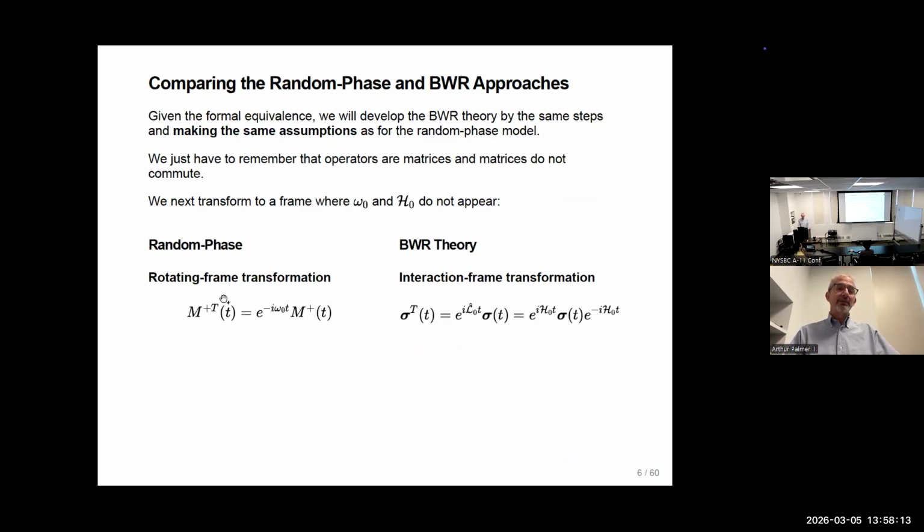In our simple problem, we switched to the rotating frame to hide the effects of omega naught. And now I want to switch to a frame and hide the effects of L naught. And in the literature, that's called the interaction frame transformation. But you can see it looks exactly the same. Here, I multiplied by a complex exponential.